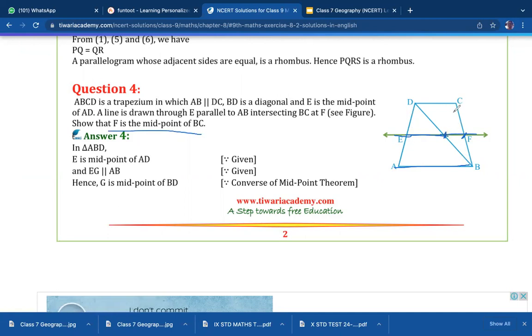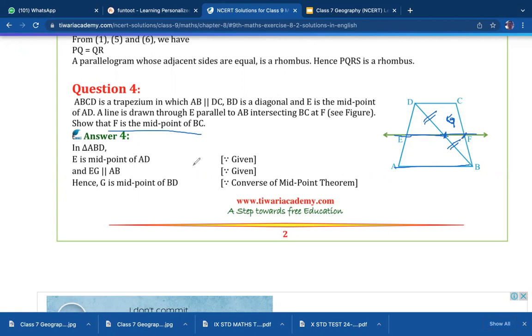Let me mark this point as G. So, G is the midpoint. This is the converse of the midpoint theorem, right? G is the midpoint of BD, that means DG is equal to GB.